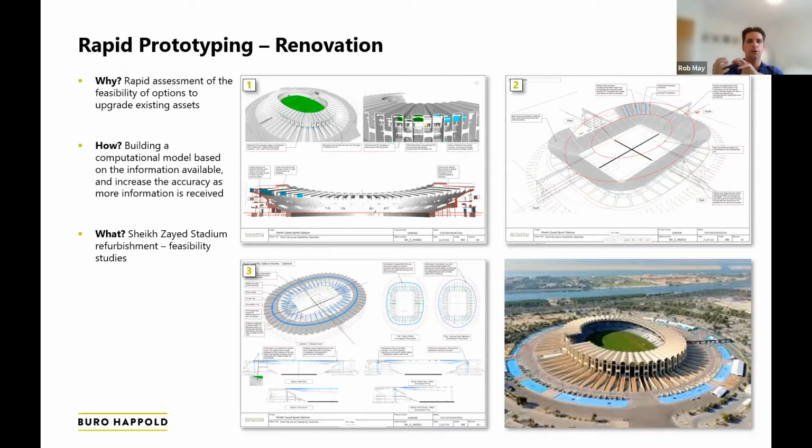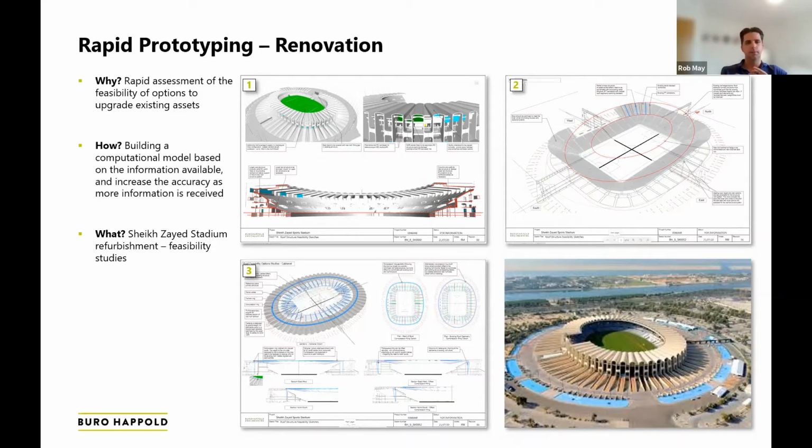You might think from the previous slides that all of this is very difficult to apply to something that exists, because it's very easy to create a new building or a new structure or a new geometry from nothing. But our process is essentially bringing as much information as possible into that computational model about the existing building. It might be from an image on Google Earth to begin with. And actually we start prototyping things from the smallest amount of information.